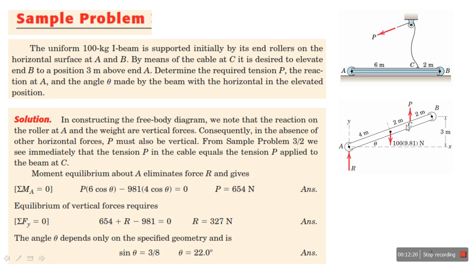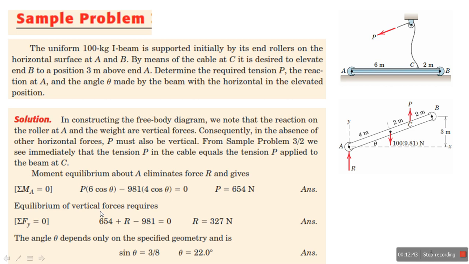So P multiplied by D is equal to 6 cosine theta minus 100 multiplied by 9.8 multiplied by 4 cosine theta. So I can eliminate cosine theta, and I can get the force P. This is the first answer.